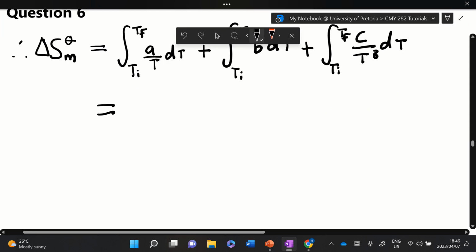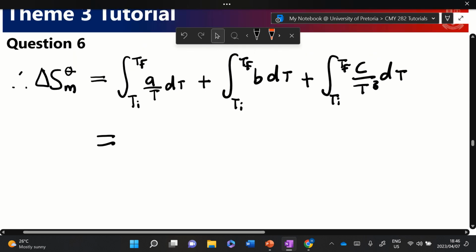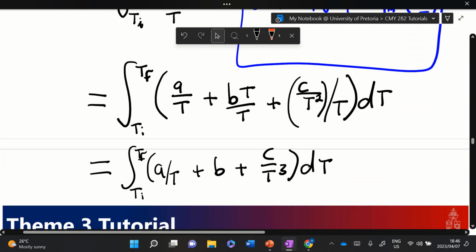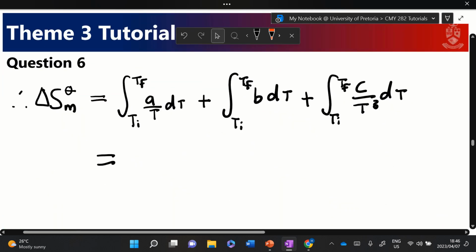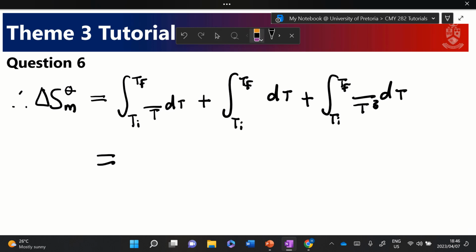A, B, and C are just constants, which we wrote out at the top. We have values for them, so we don't have to worry about them. So I'm going to rewrite this without rewriting the whole equation. There's a B outside, a C outside, and a 1 there.